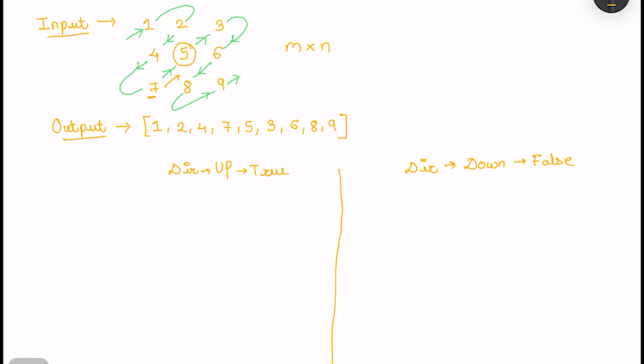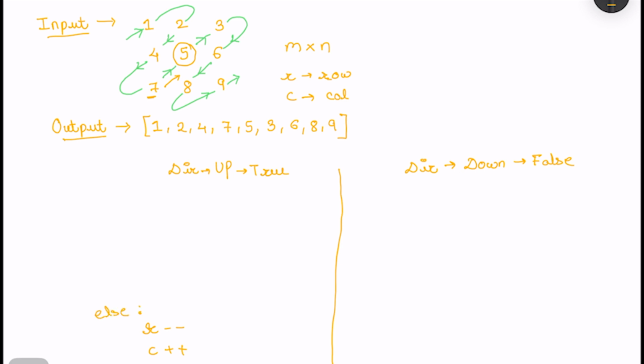Suppose R is my row and C is my column. In the ideal condition, I'll decrement my row and increment my column. Okay, so this is my one condition.